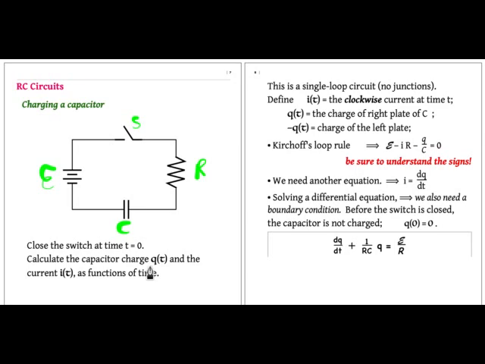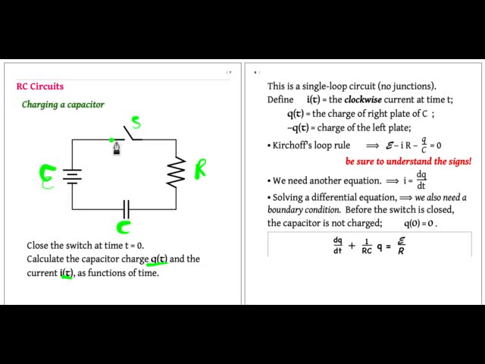And that's our goal, is to calculate Q of t and I of t. Now this is a single loop circuit, which is one loop. So there are no junctions. So all we have is Kirchhoff's loop rule around this one single loop.